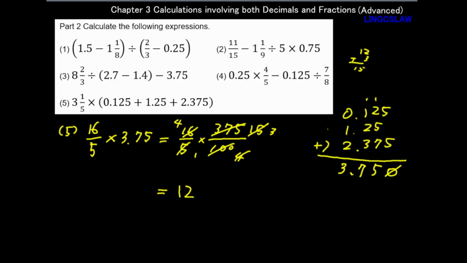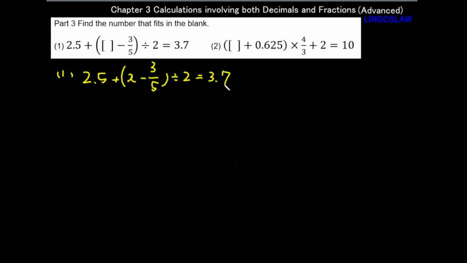Alright, let's go on to part 3. Find the number that fits in the blank. So let's say the blank number is x. So 2.5 plus (x minus 3 over 5) divided by 2 equals 3.7.